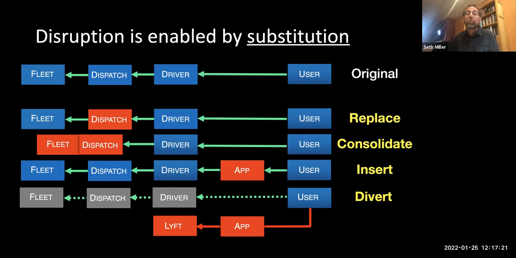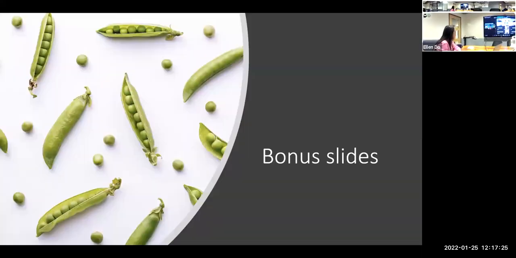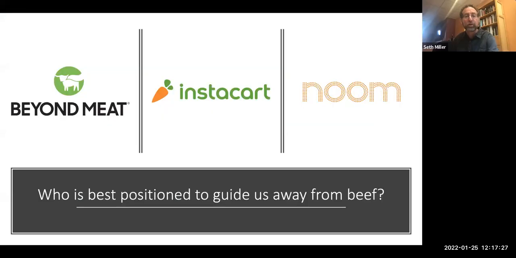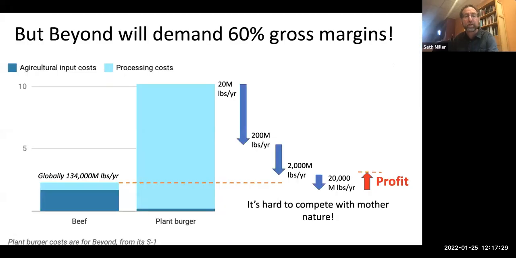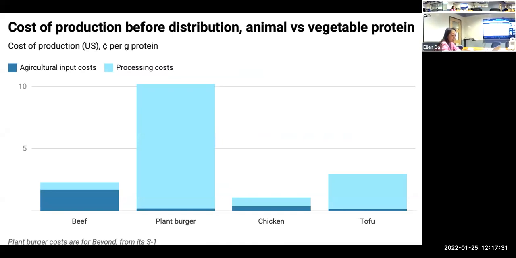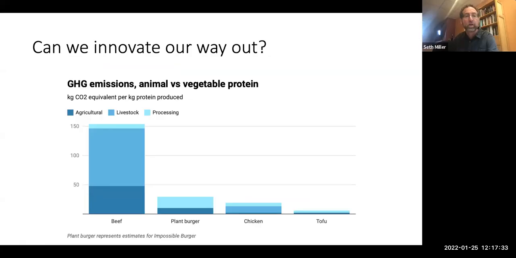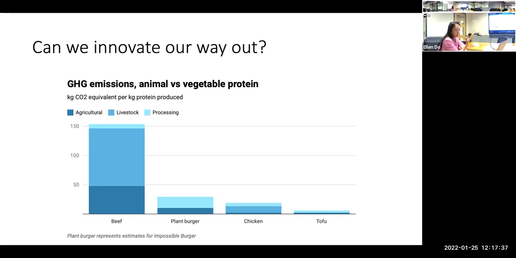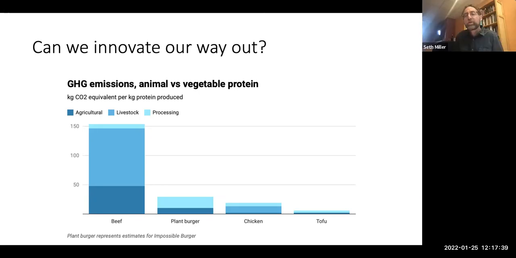Right. Well, one of the things that I didn't harp on here, and I'll have to go through quite a few slides to get back to the beginning, is this one. You'll notice that chickens are more efficient than plant-based protein, which is something that kind of gets lost in the conversation.